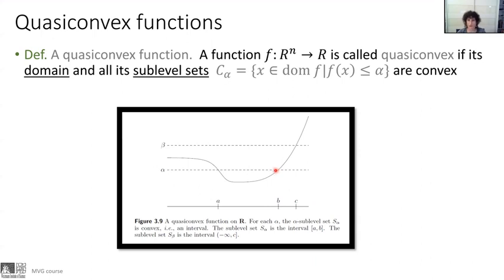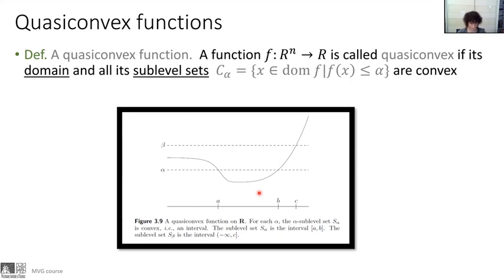What are the points in the domain of X such that the values are smaller than beta? And you immediately see that it's between -infinity and C, like this. So this is not a convex function, but all the sub-level sets of this function are convex. Okay, is this clear?